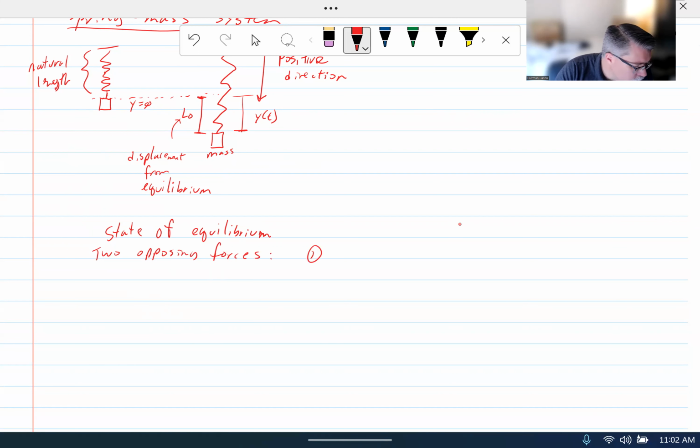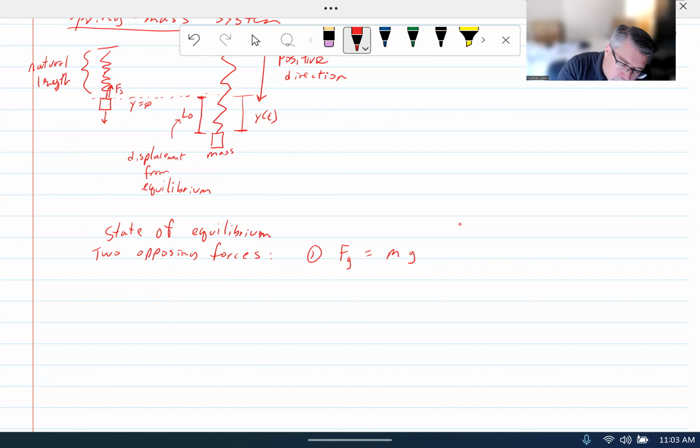First is the force due to gravity, or F sub g, which is just mg. It's the mass times the acceleration due to gravity, going down. But then we have resistance going up, which we call F sub s.